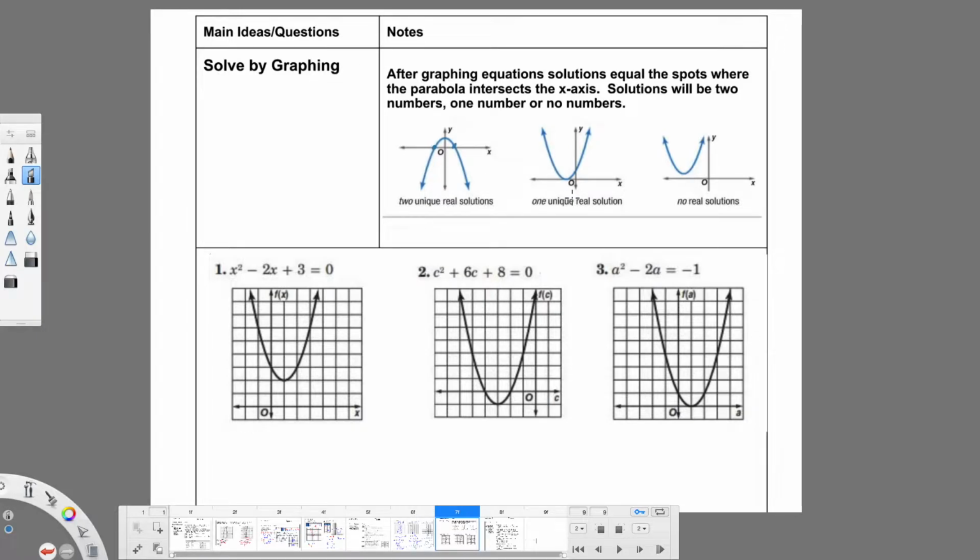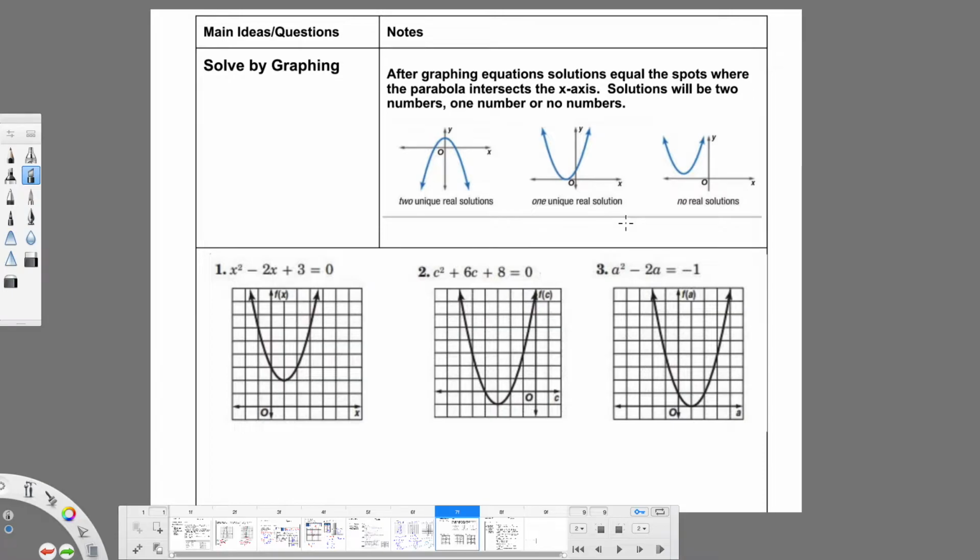It could be once if it's right there on the x-axis, or if it never touches it. If the minimum is above the x-axis or the maximum is below the x-axis, then we have no real solutions. Doesn't mean we don't have solutions, just no real solutions. It means we'd probably be going to that imaginary section, right?